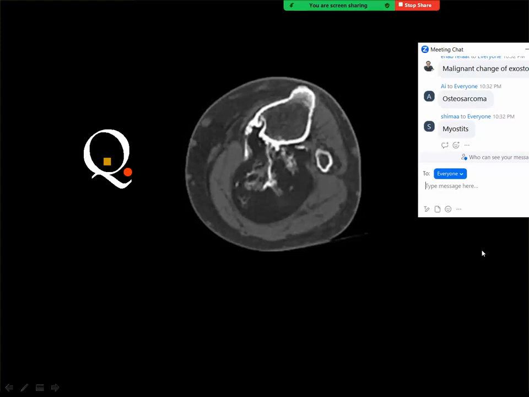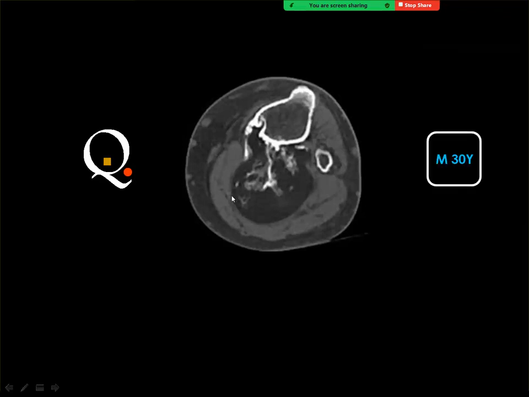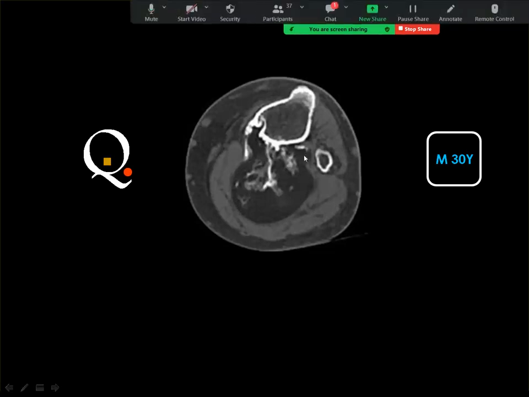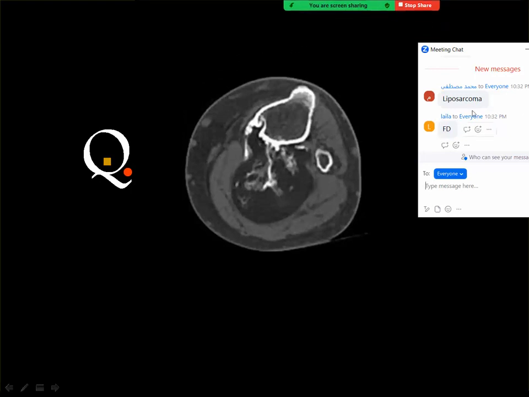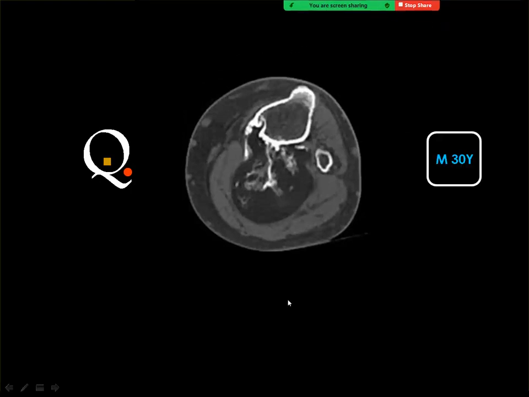No, this is not myositis. But if you look carefully here, you see that there is a big mass of fat density, and this mass is intimately related to the posterior aspect of the cortex of the tibia, with some bony extensions through this fatty mass. And this is not liposarcoma, of course, and this is paraosteal lipoma.